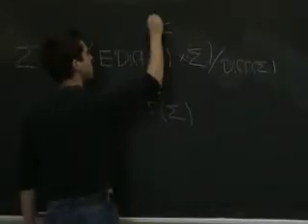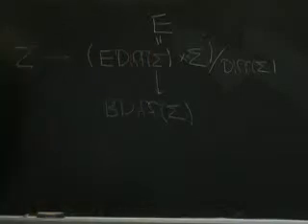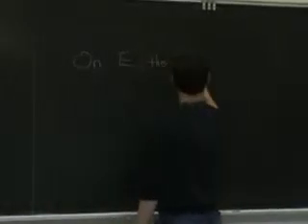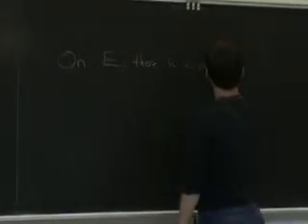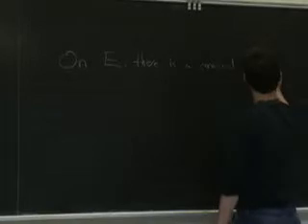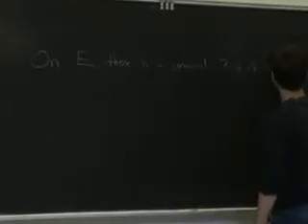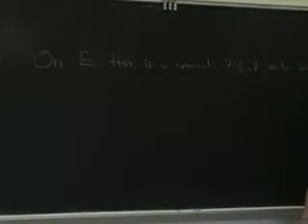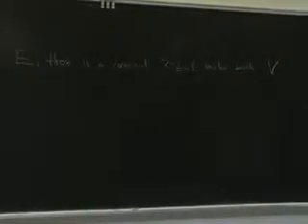Let's call this E. It's the total space of a fibration. So on E, there is a canonical two-dimensional vector bundle V, which is just given by taking the tangent bundle to the fibers of these maps.